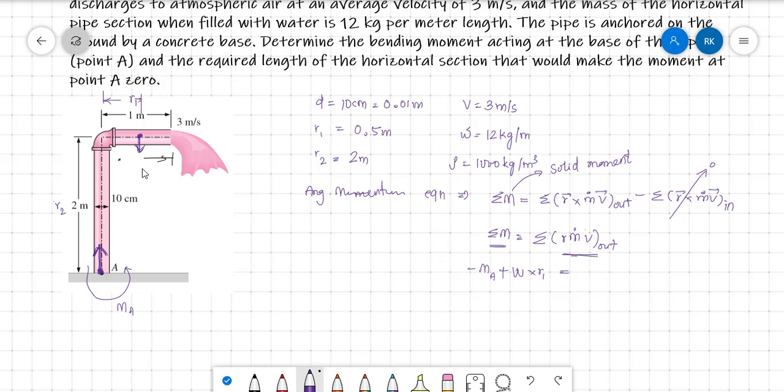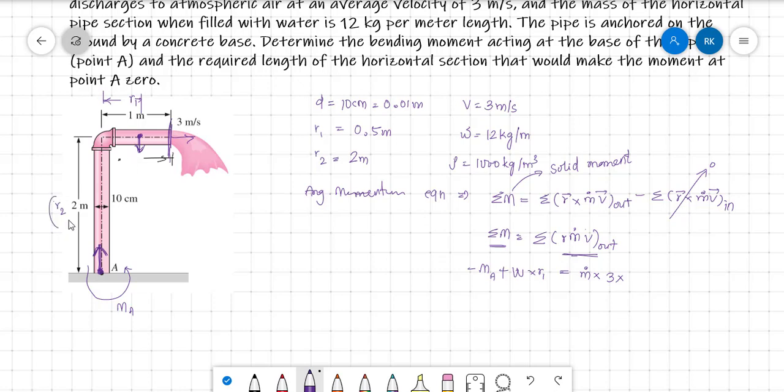water flowing outside. So from where water is flowing outside? Through this section. So there one flow, so m dot into velocity is 3 meter per second into r.